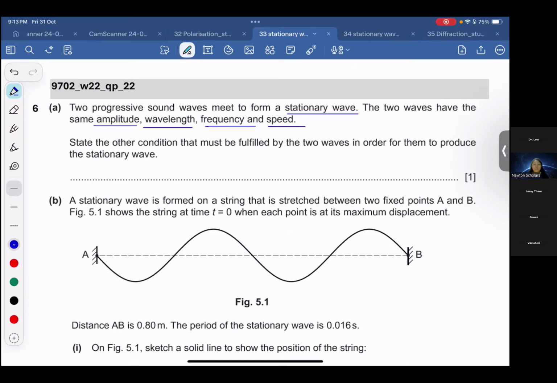A constant phase difference, there can be a 180-degree phase difference. Yes, good job. They must travel in opposite directions.